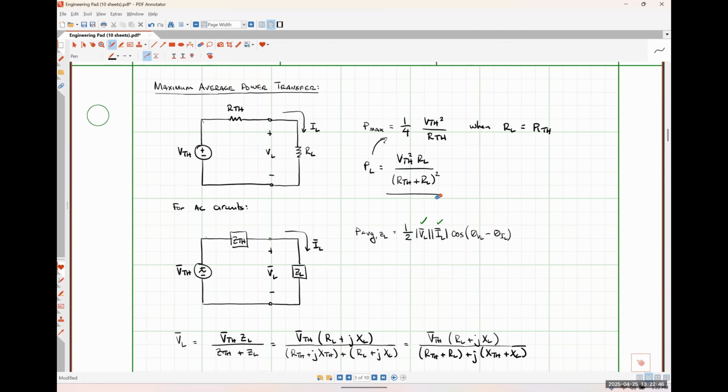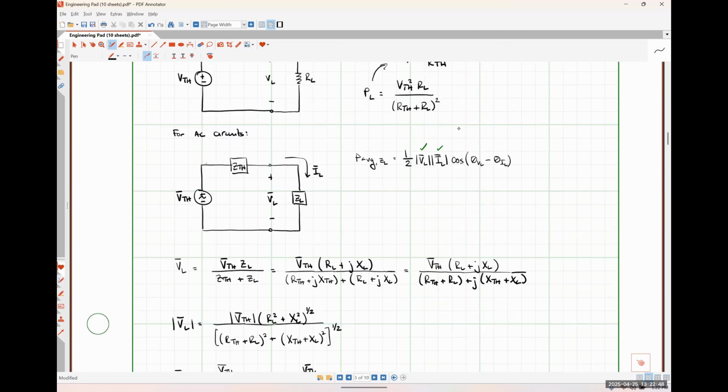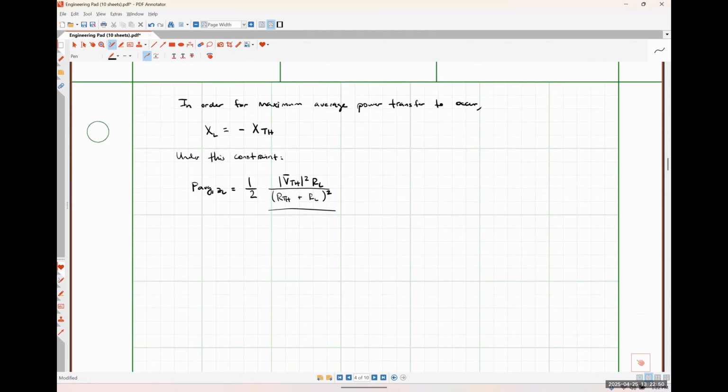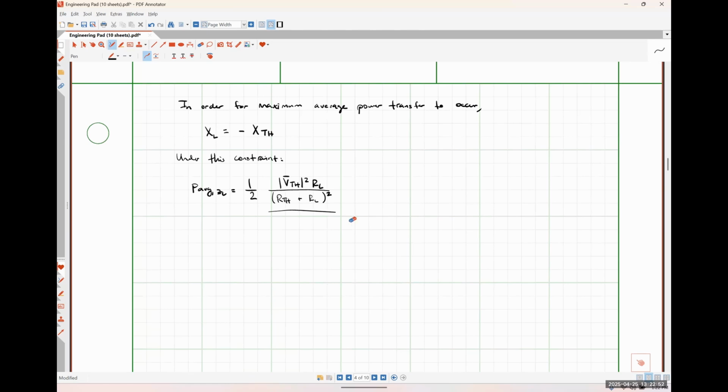So the other condition for maximum average power transfer to occur is that RL has to be equal to RTH.